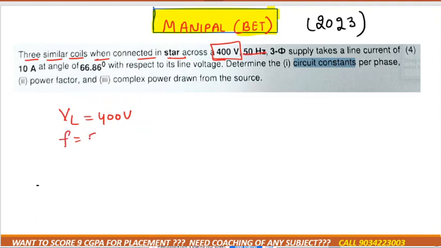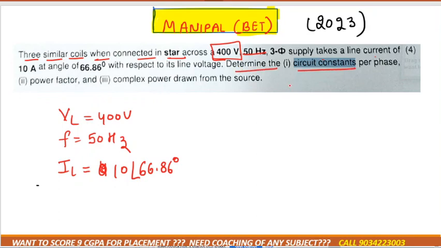It takes a line current IL of 10 ampere at an angle of 66.86 degree, right? Determine the circuit constant. Circuit constant means we need to calculate whether it would be RL, RC or RLC.